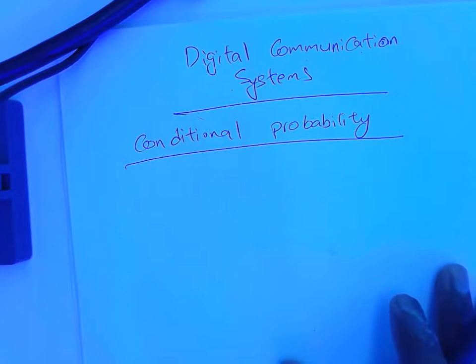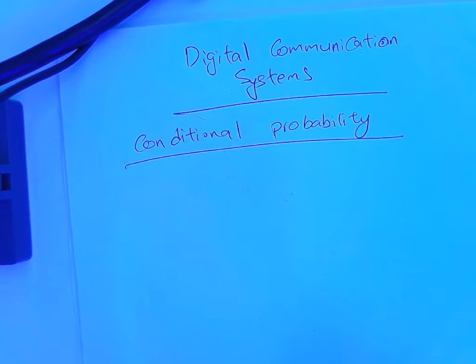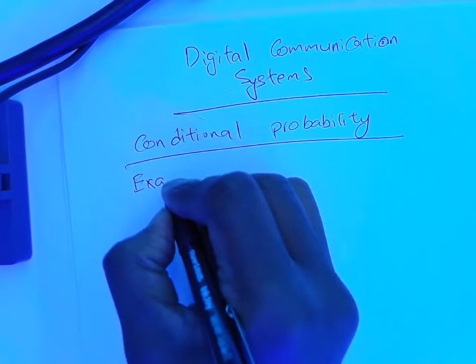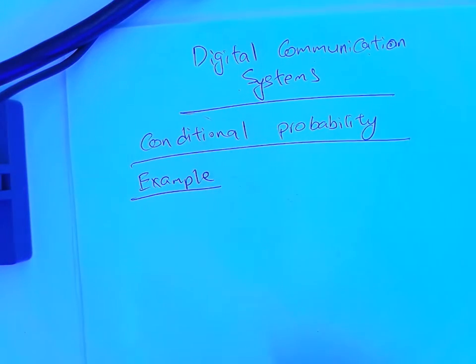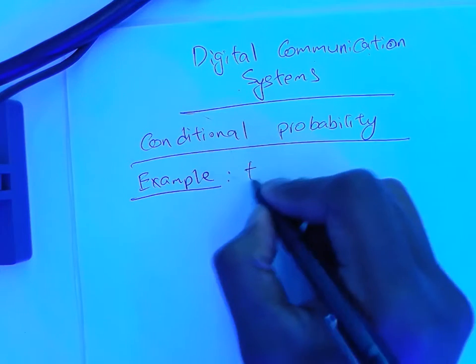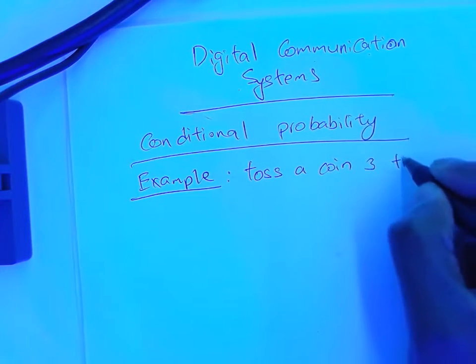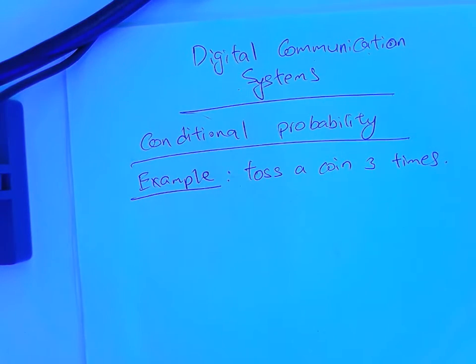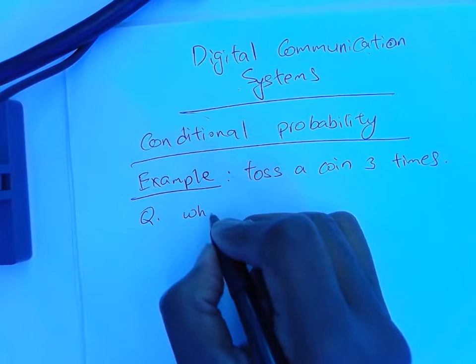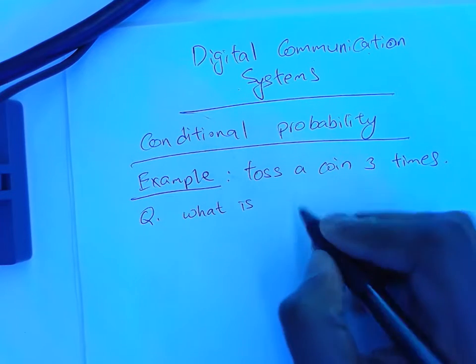Let's do this. Let's just start with an example. So let's say I toss a coin 3 times. Okay, so first question, let me ask you this: what is the probability of getting 3 heads?